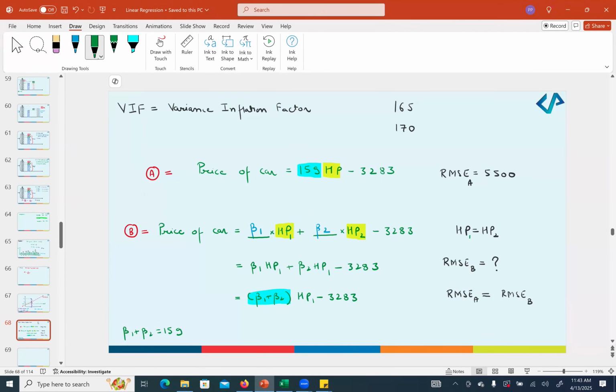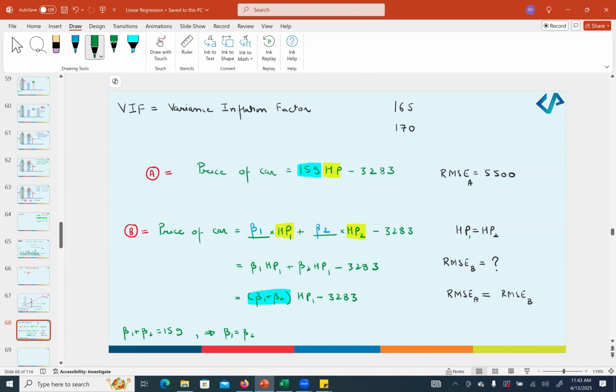Now tell me, because the model does not have any preference towards either horsepower 1 or horsepower 2, don't you think that most probably B1 will be the same as B2? Because I have no preference.